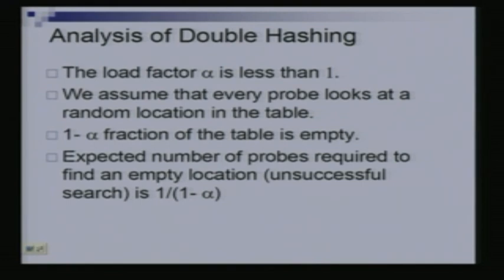Suppose my search was an unsuccessful search. What does an unsuccessful search mean? That the element is not in the table. When does an unsuccessful search stop? When I get an empty location. So how many probes will be required before I get to an empty location?